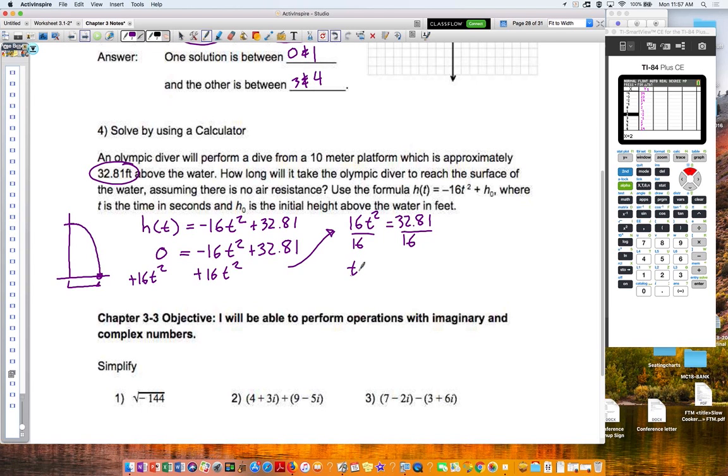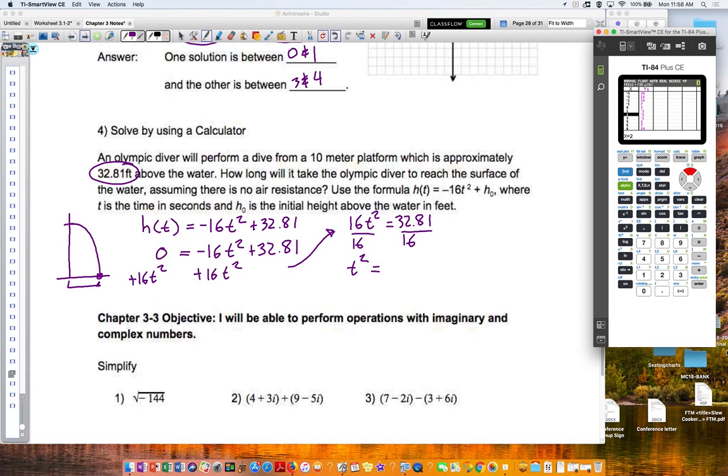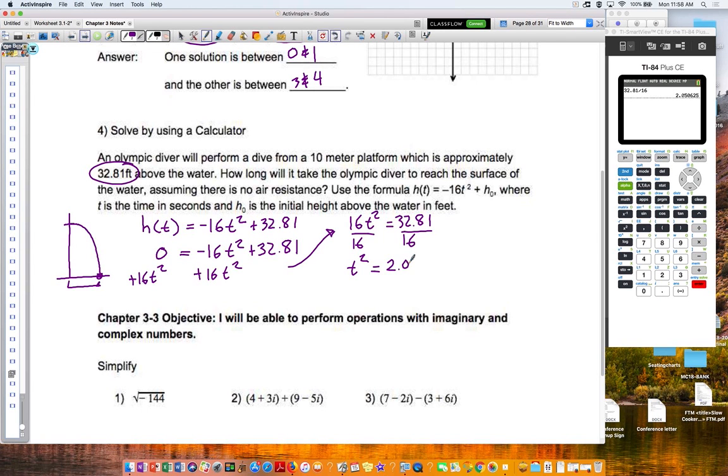So I get t squared to equal, so now I'm just going to exit out of this table, clear out my screen for a second, 32.81 divided by 16, and I get t squared to equal 2.05 dot dot dot. I'm going to keep that on my calculator, and I'm going to square root.